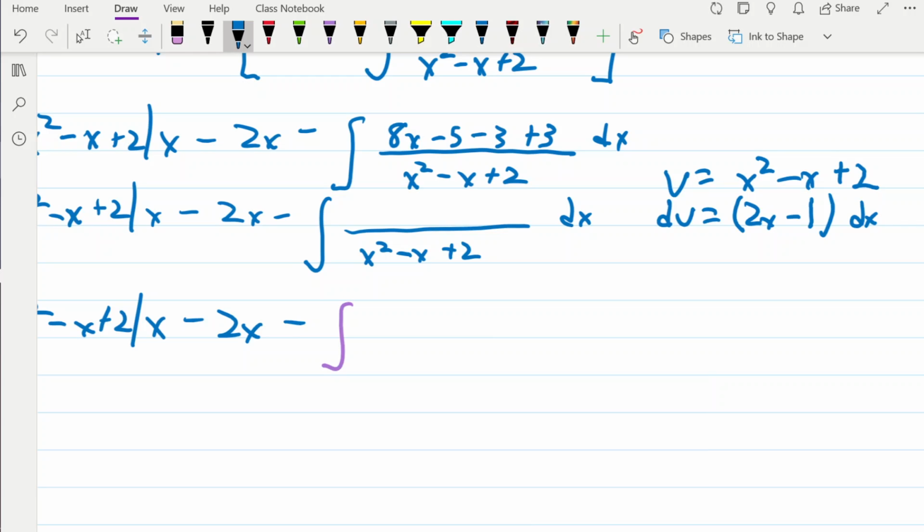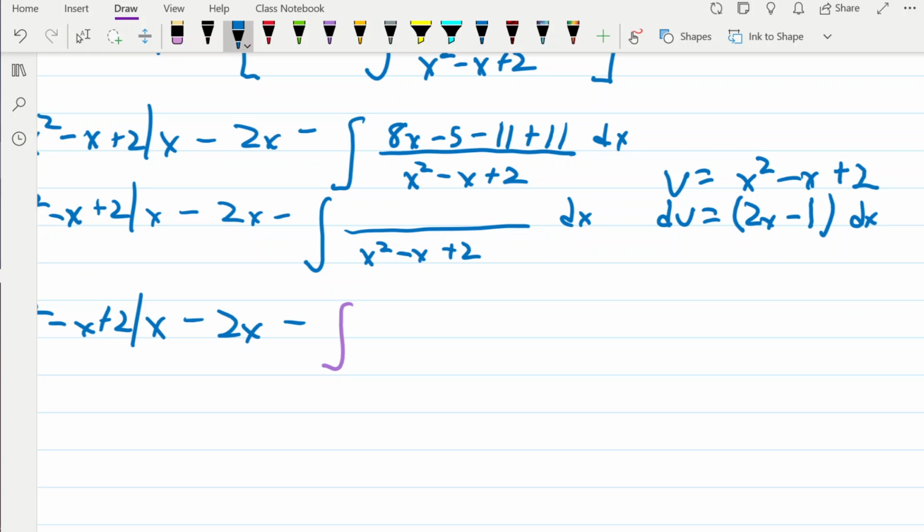Because I need this to be 2x out in the front, and we have 8 right there, so we're going to need a lot more than 3. It should be 11 that we need.